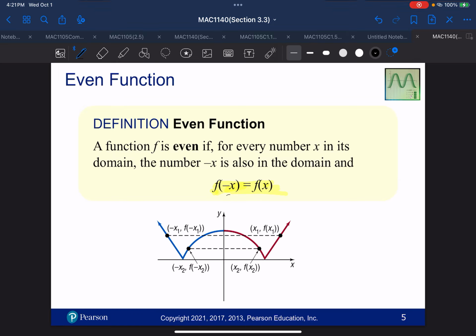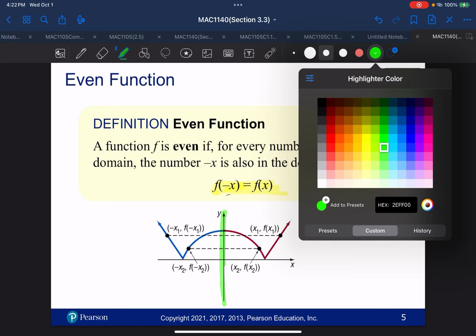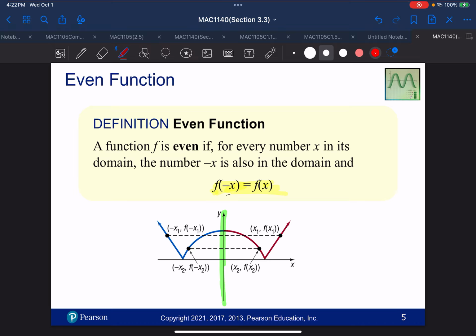And this is a graph of an even function. A function is even if it's symmetric with respect to the y-axis. So that's the y-axis, and you can see that there is symmetry on the left and the right of the y-axis. So that's another way we can tell whether a function is even.